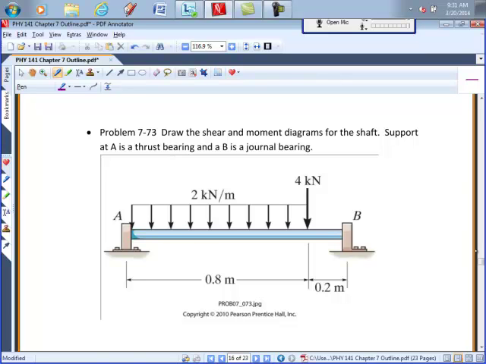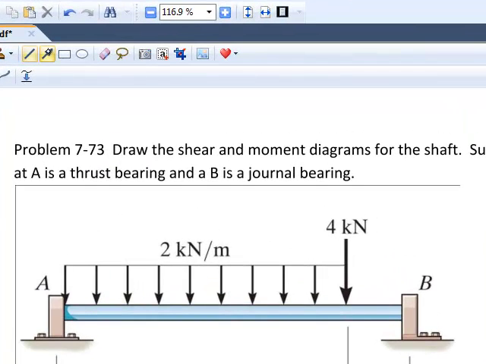So this problem says draw the shear and moment diagrams for the shaft, and support at A is a thrust bearing and at B is a journal bearing. So if A is a thrust bearing, then what would the components of reaction be at A?